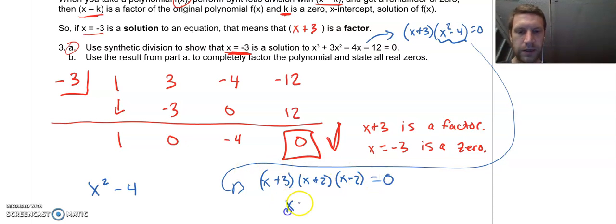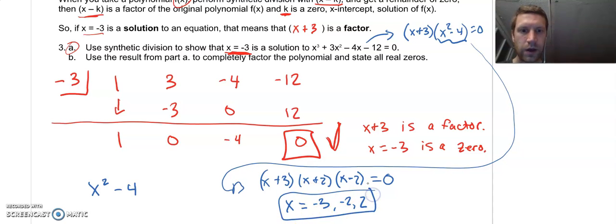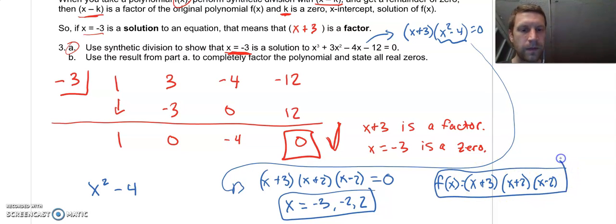And then my zeros would be x equals -3, which I already found out, -2, and +2. Okay, so maybe we'll say fully factored is f of x equals x plus 3, x plus 2, x minus 2.